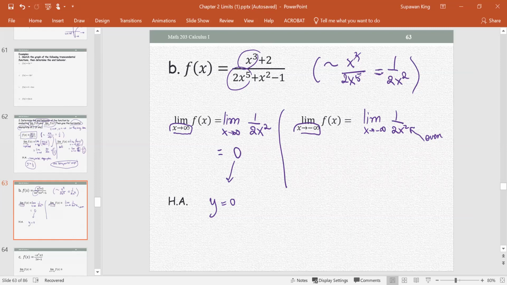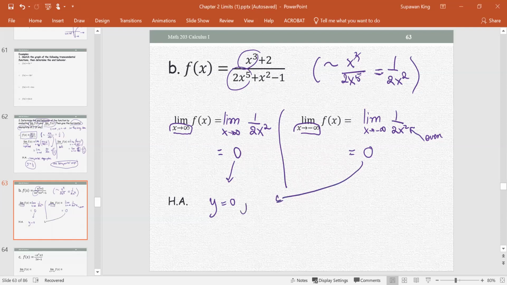When you square it, that means 1 divided by a positive large quantity, which gives you the same number, 0. Everyone agree? Yes. So both ends come to the same value of y.